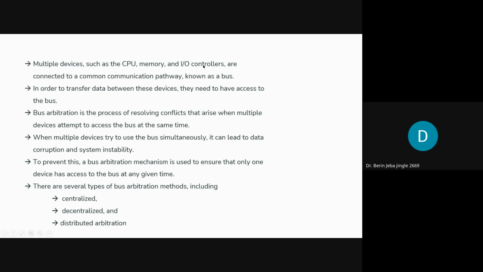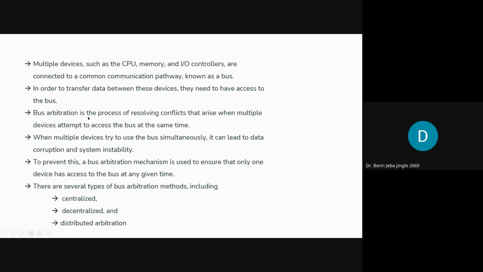CPU, memory, and IO controller are connected to a common communication path. It can do only one communication at a time. If more than one communication happens, it leads to confusion, overlapping, etc. So to manage this, we go for bus arbitration.